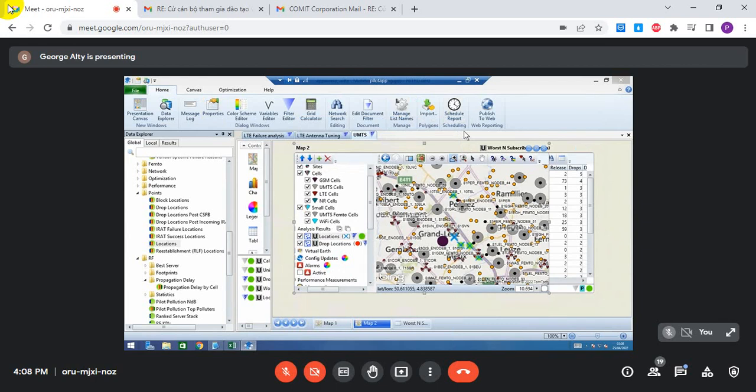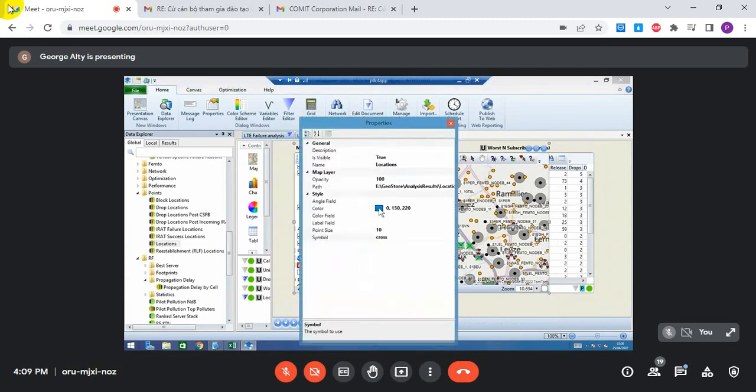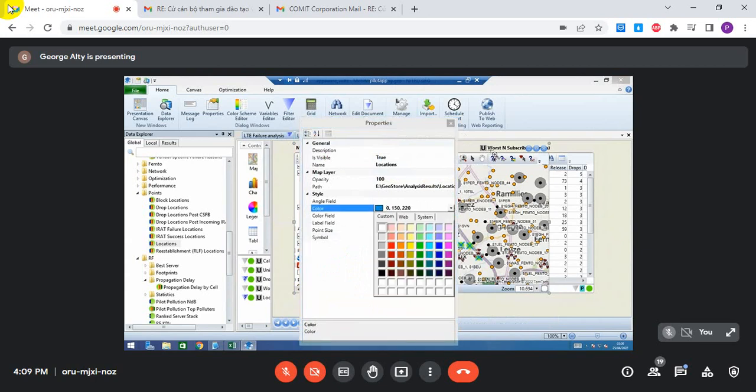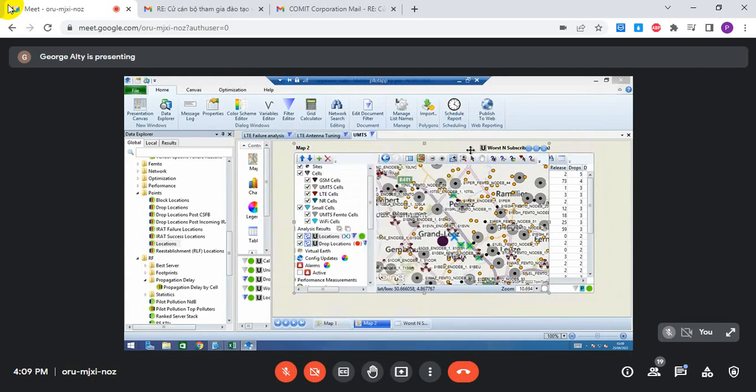So we can now differentiate between those colored blobs on the map. When you've got multiple subscribers, you'll notice in there you can also change the color. If I click on that color field there, I now get the option to change that. And again, that's how you can differentiate visually in the map.